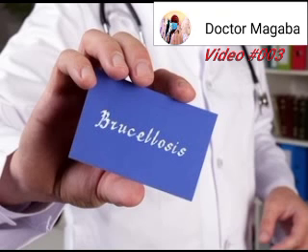The other complication is arthritis. Another complication is endocarditis. When I talk about endocarditis, I'm referring to infection of the heart's inner lining. Once your heart's inner lining gets infected, that is called endocarditis, and that's a complication of brucellosis.